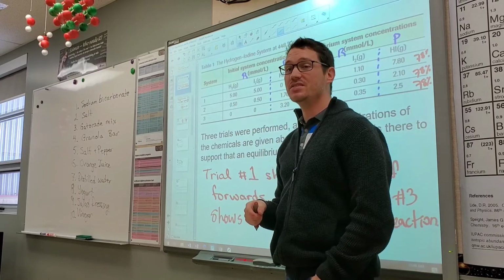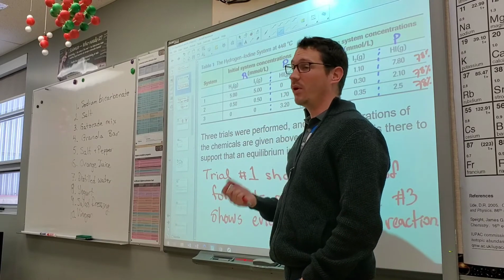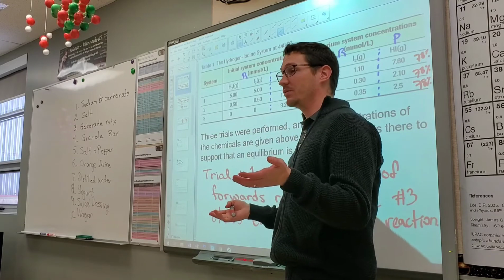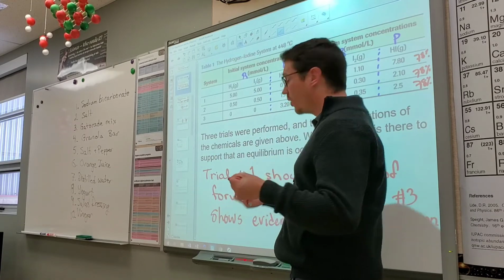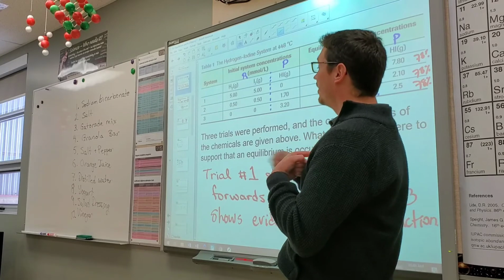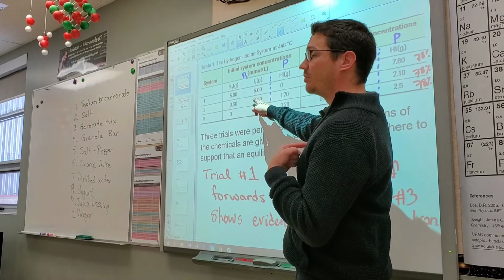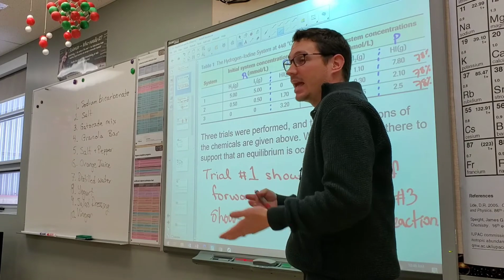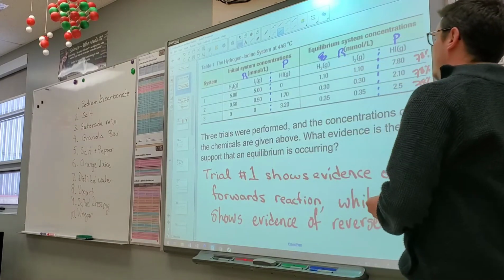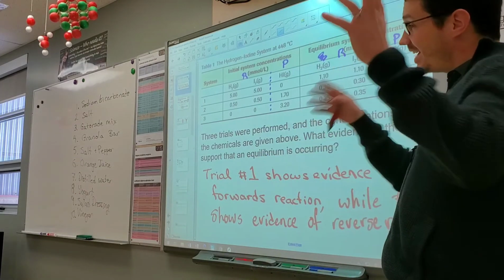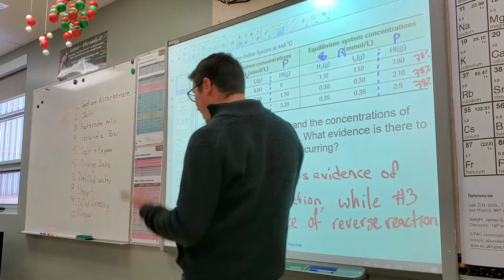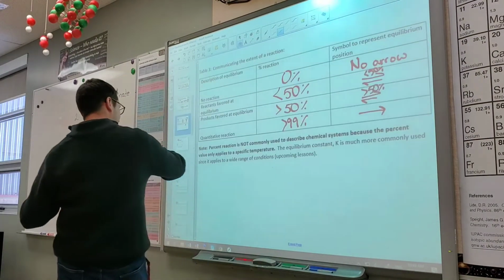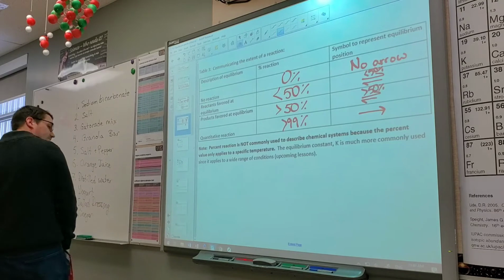Percent reactions don't hold up over all sorts of reaction conditions. So I can't say for certain that this thing is going to react 78% of the time, all the time. That's not something that I can say. So it's good to think about percent reactions, but we're going to have to come up with a different system a little bit later on.